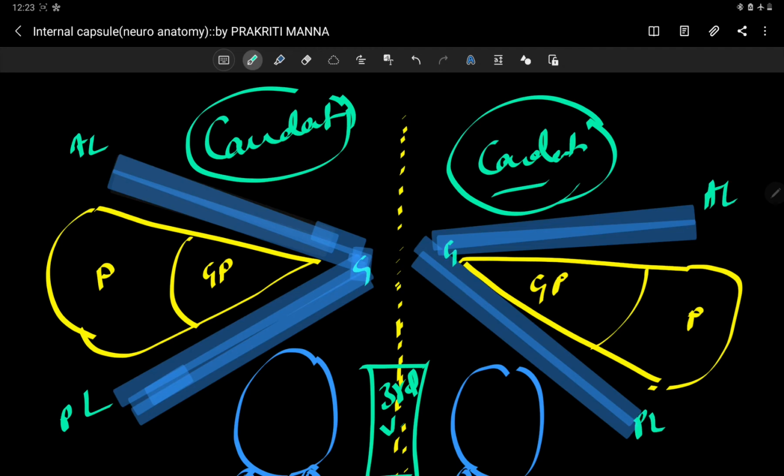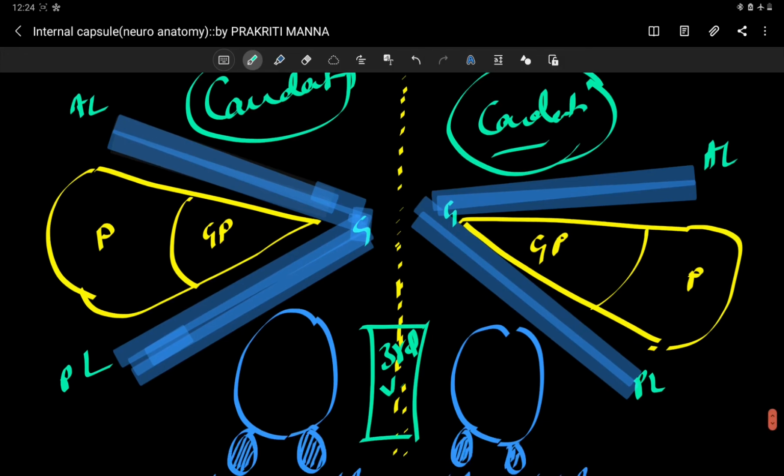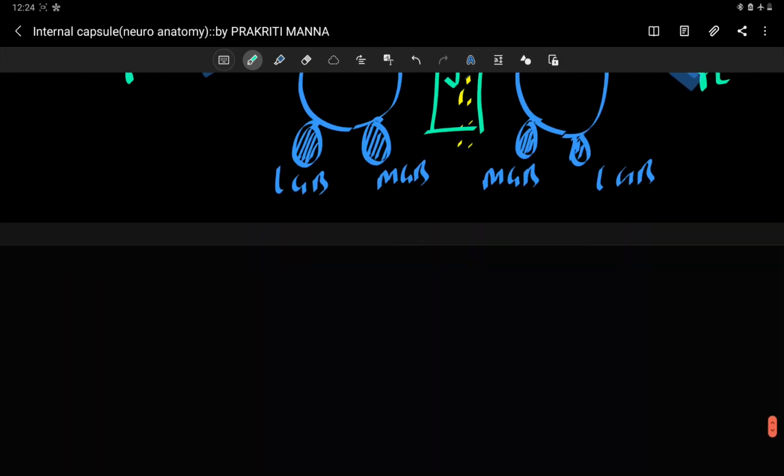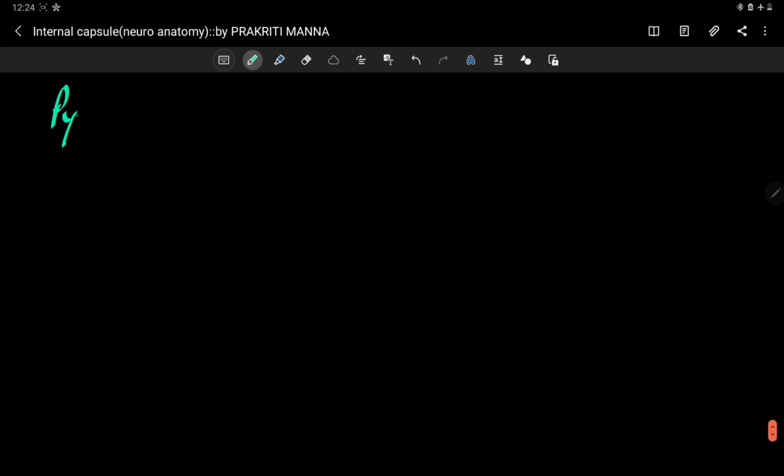Now you can see that for the fibers controlling movement, one thing I want to mention here is the pyramidal tract.